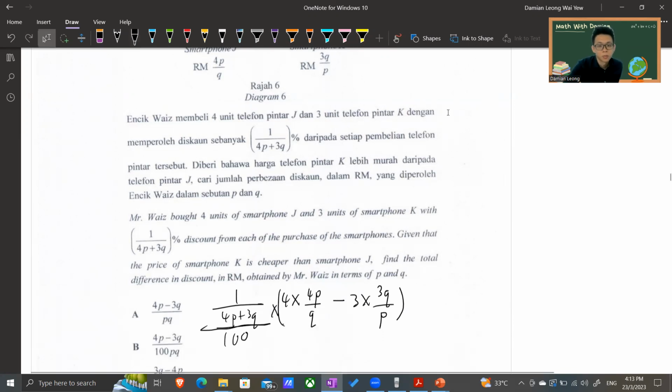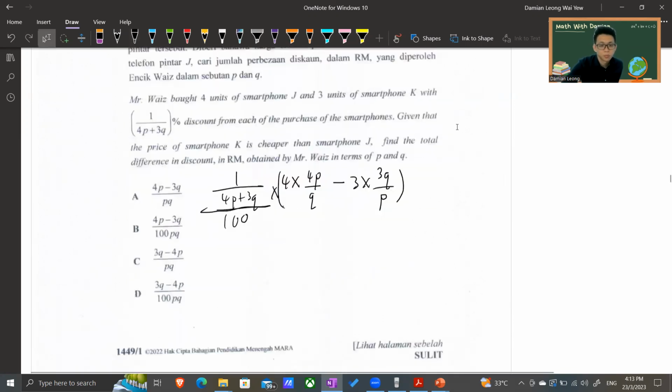So this becomes 1 over 100 times 4p plus 3q, times this one, which is 16p over q minus 9q over p.